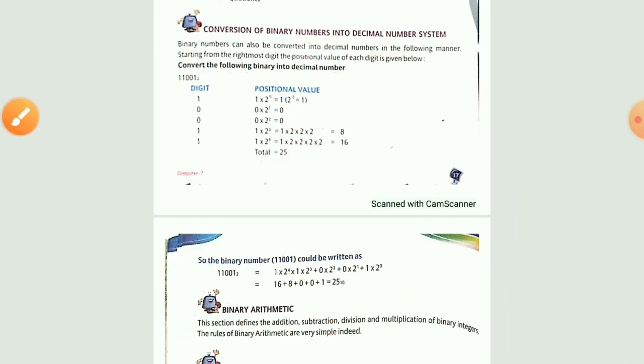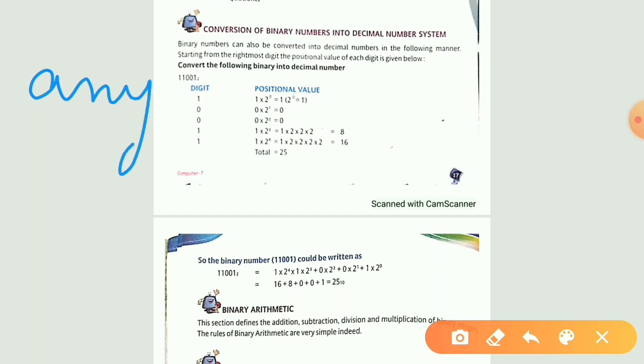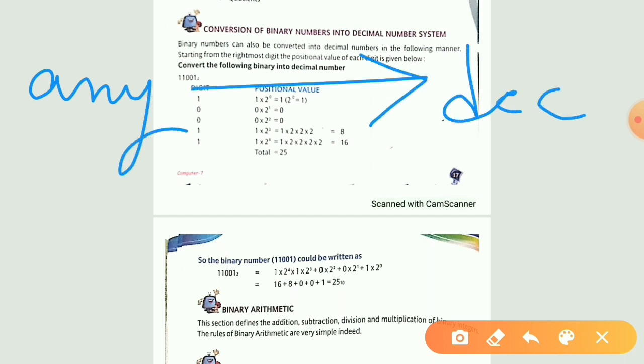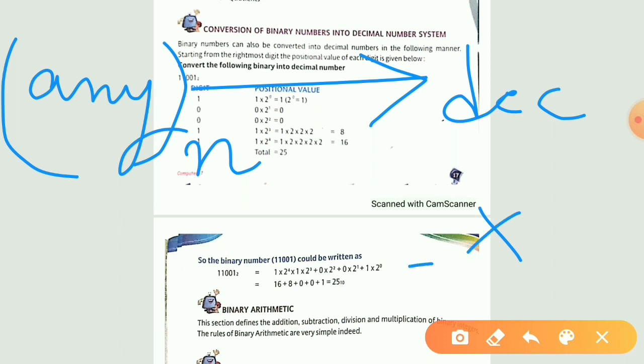Now students, for your understanding, please make a note that if you are going to convert any number system into the decimal number system, you are going to follow the same rule: take the base n and multiply every digit by n to the power 0, n to the power 1, n to the power 2 and so on.